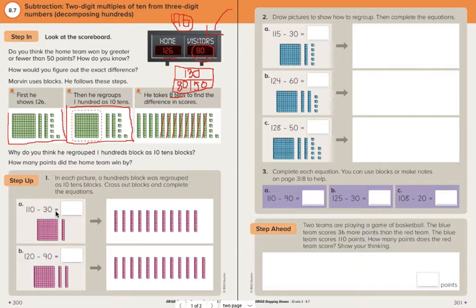So let's start with the step up. So number 1, in each picture, a hundreds block was regrouped as 10 tens blocks. Cross out the blocks and complete the equations. The biggest thing you have to remember here is that when they regrouped this 100 as 10 tens, they did not forget this one. Okay?